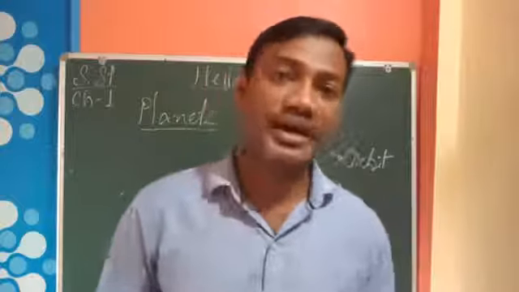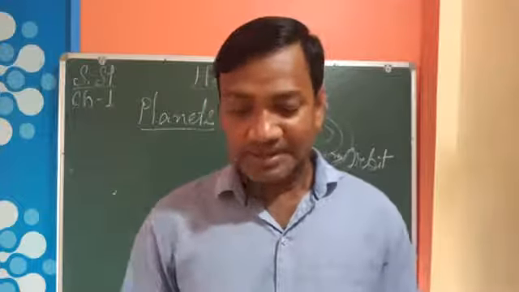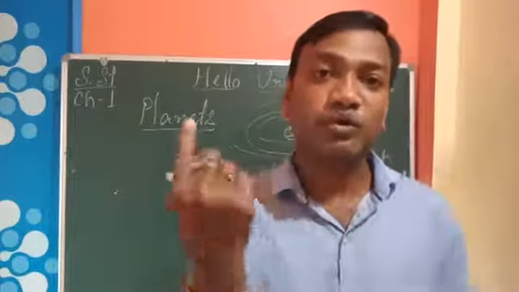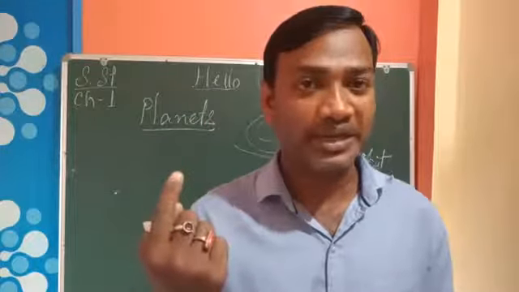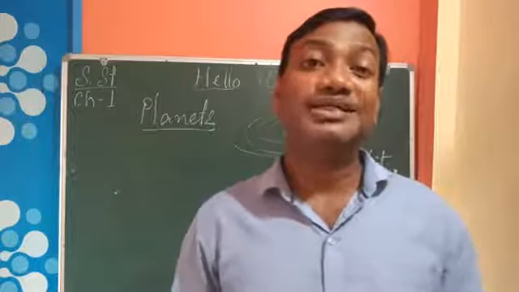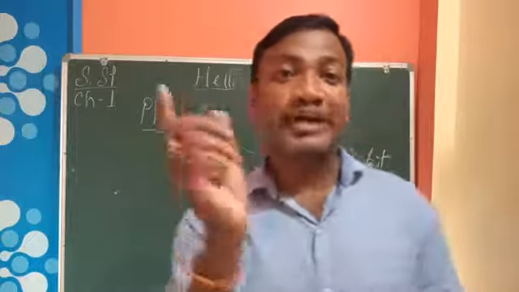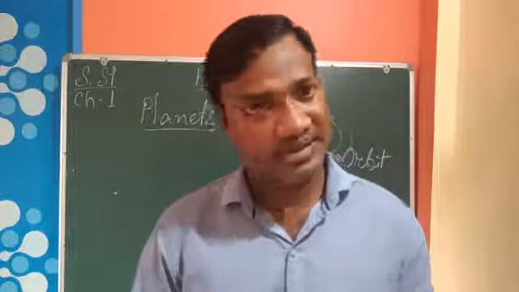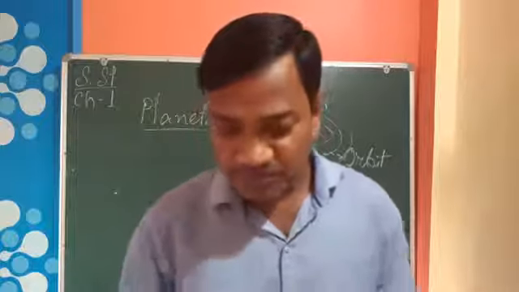So it is also a heavenly body and it orbits around the Earth. That means it has its own road or own path. It is the orbit and it moves around the Earth and it takes 28 days to complete one revolution around the Earth. Correct? 28 days.